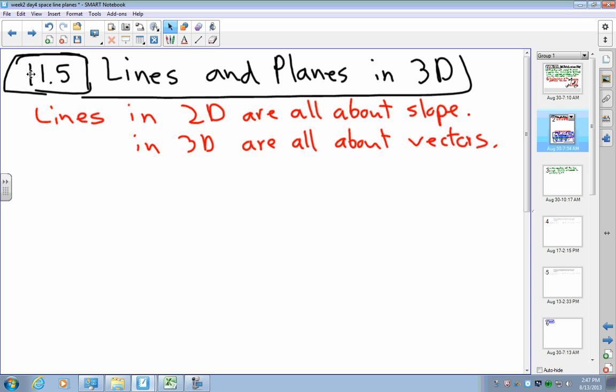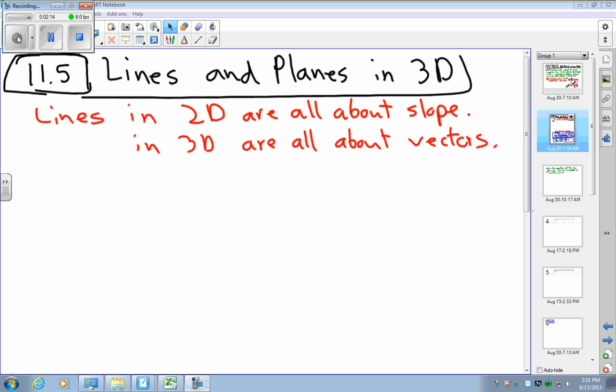Well, in 3D, it's hard to determine a rise and a run, because there's a rise, which was the change in y, and there's a run, which is a change in x, but what's the change in z? So instead of trying to come up with a 3D version of slope, we're going to come up with it in terms of vectors.